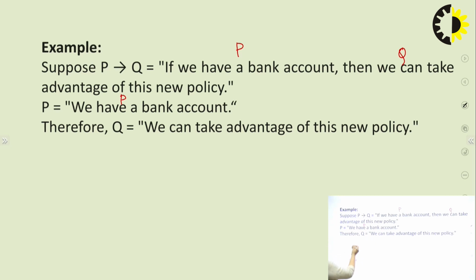So I can conclude Q, that is, we can take the advantage of the bank policy. This is an example following the modus ponens rule, because it is of the form where my premises are P implies Q and P, and therefore I can directly say Q. So this is how modus ponens is applied to different arguments.